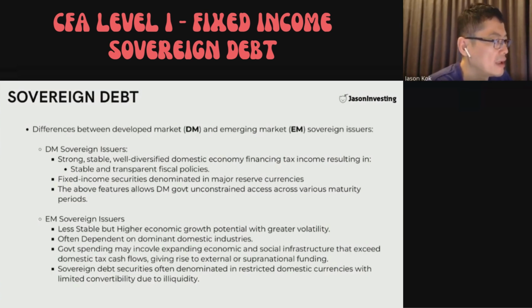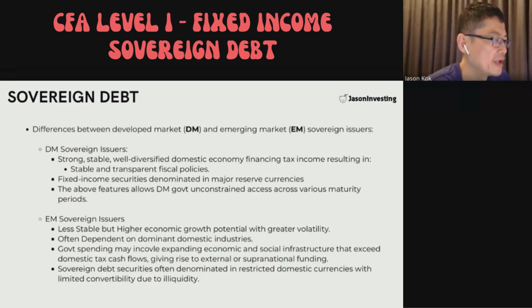For developed markets, countries are generally stronger and have a more stable and well diversified domestic economy. The economy is able to generate tax income because it is stable and well diversified. The tax income that comes in is very stable, which makes it easier for government to craft its fiscal policies.